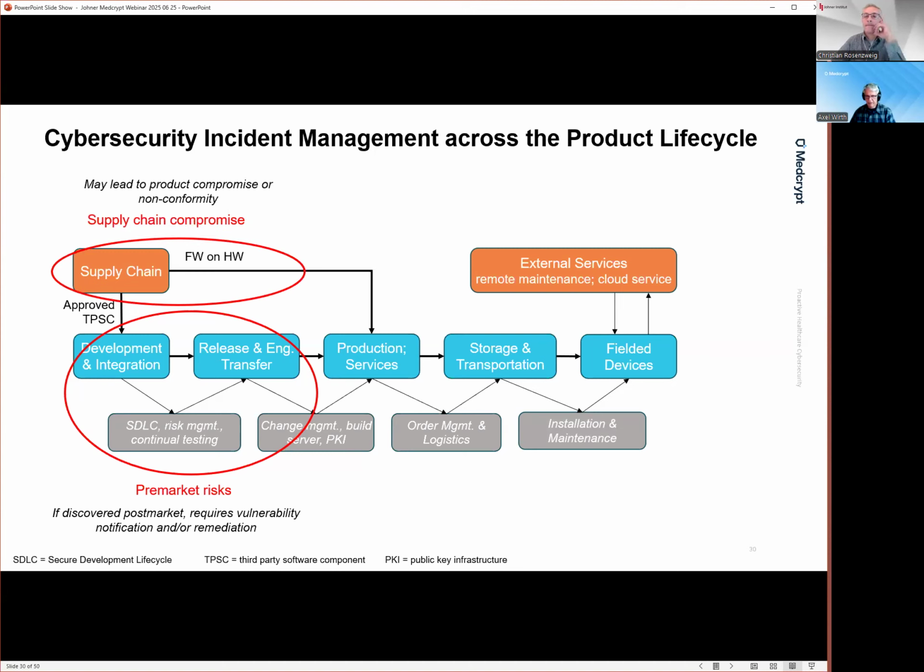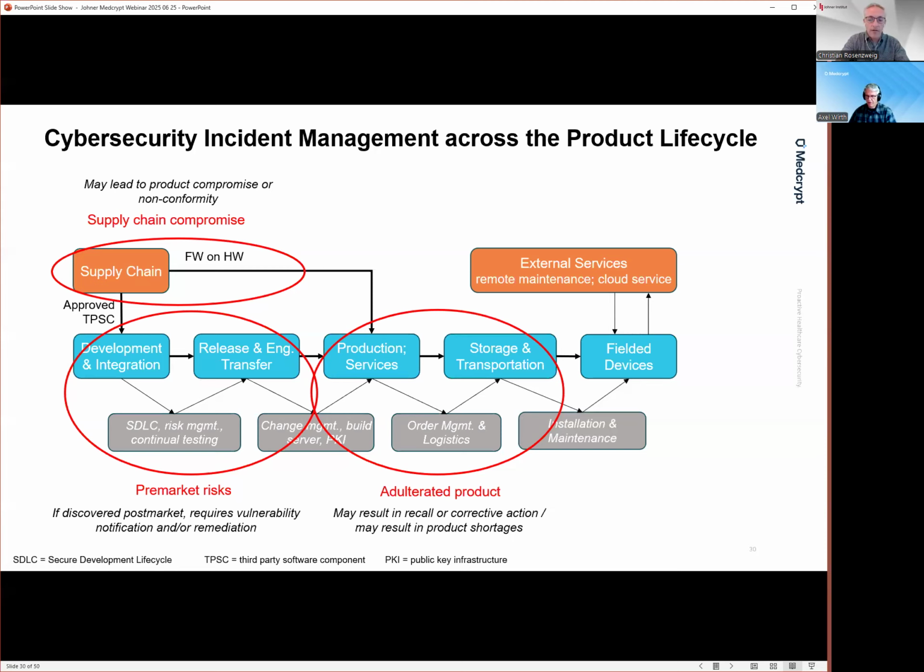Your supply chain may get compromised, but especially if you're getting firmware directly on hardware into your production environment, you need to sample, you need to scan and test, make sure you're still getting the approved version and everything is under control. If your production environment is compromised, your industrial control systems, your operational technology, your robots get compromised, then that may lead to compromised and adulterated products and may lead to shortages.